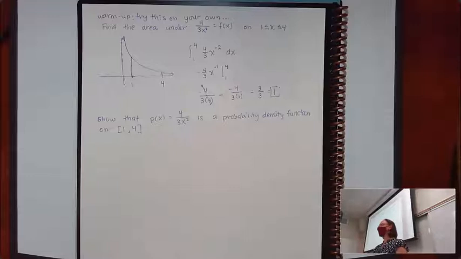But a lot of what we deal with in probability actually ends up being continuous. And for me, one of the clearest examples of this is anytime we're thinking about time. So maybe this represents the probability that I'm going to spend 1 to 4 minutes waiting for the bus to show up.